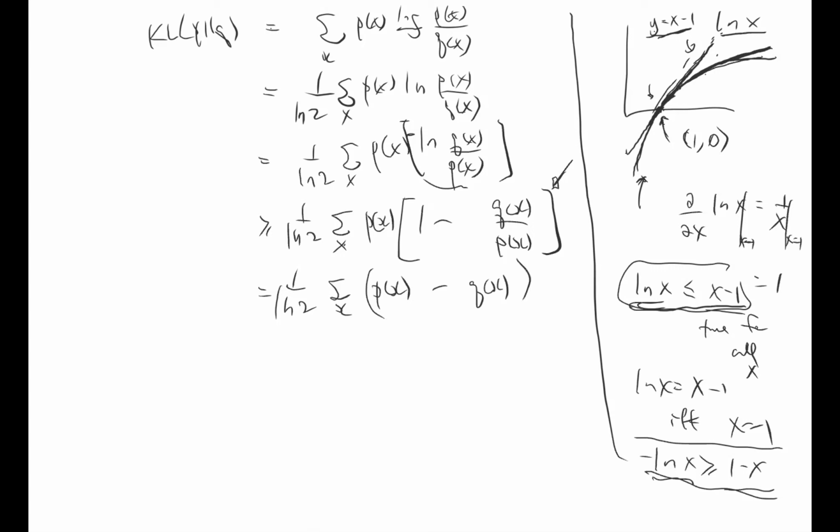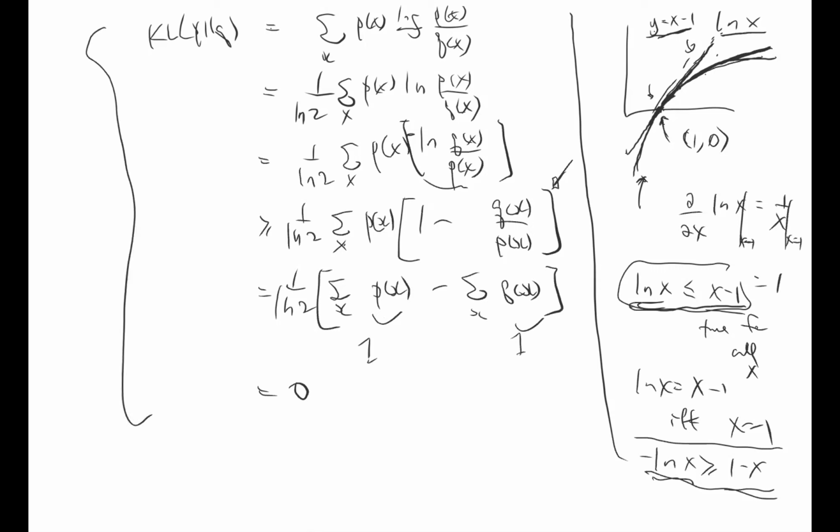I can have the summation go inside, so I will have the sum over x of px minus the sum over x of qx. Both px and qx are distributions, so they sum up to 1, and I just have 1 minus 1, which is equal to 0. Note that throughout this whole derivation I have an inequality only at this point, so the KL-divergence between P and Q is always bigger than or equal to 0.